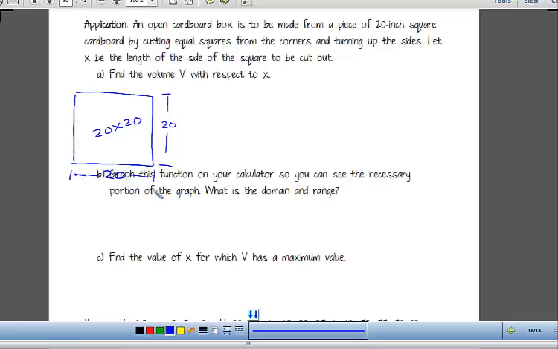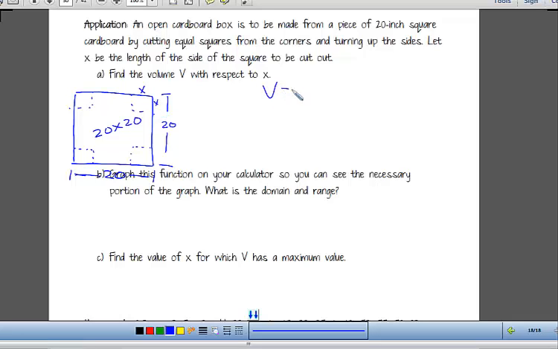Okay, but to make a box, we had to take these corners out. And then, as you saw, I flipped them up to make the sides of my box. And there we are. Okay, so first they want us to find the volume. These are X by X, by the way.